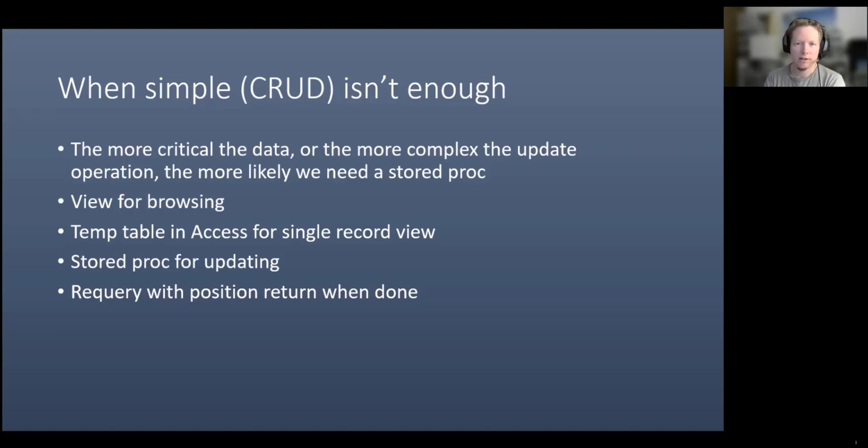In this case, what I'll usually do is set up a view for browsing. I'll set up a temp table in Access for looking at that specific record. And then I'll use VBA when the record updates to run a stored procedure on the server. And then I can requery when everything is done.